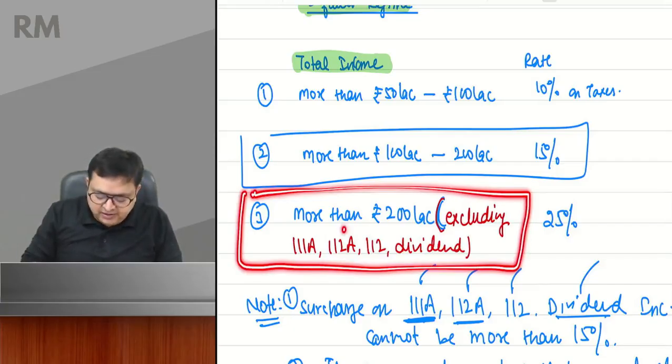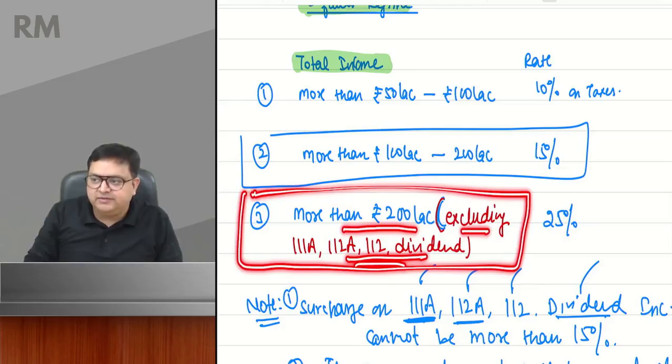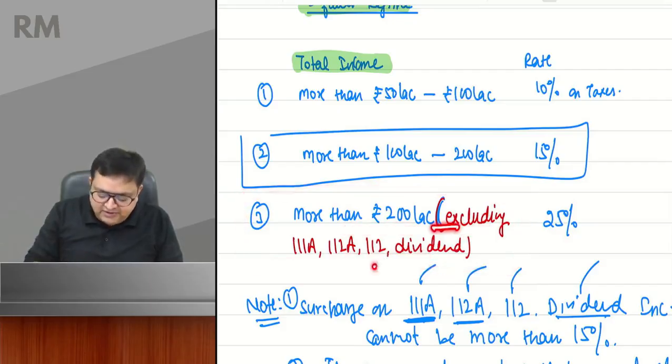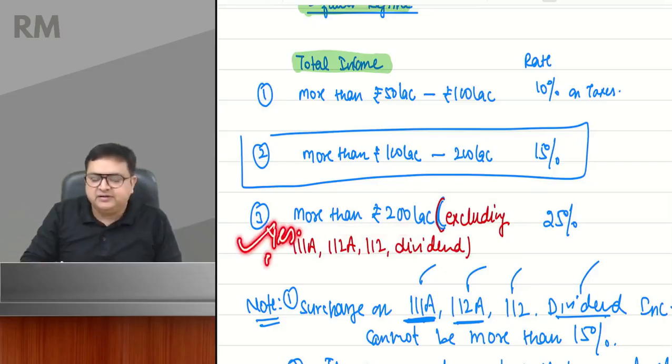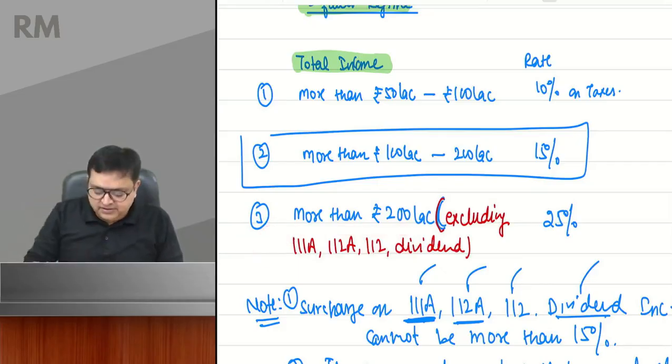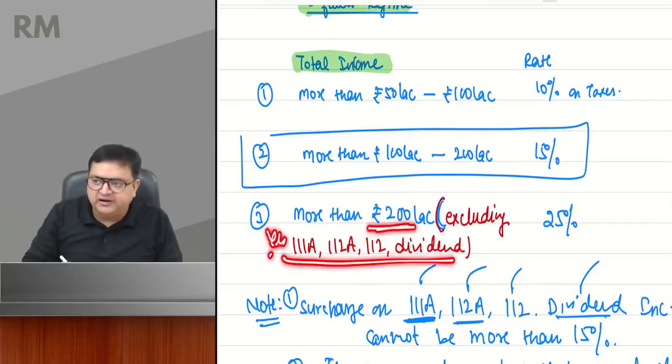I have written more than 2 crore after excluding them. Excluding them. Correct, Aditya. So just see whether, excluding them, it is more than 2 crore. Then yes, third level. After excluding 111A, 112A, 112, dividend. Not casual, guys, not casual. These are stock market incomes. So after excluding them, if it is more than 2 crore, then yes, third level.